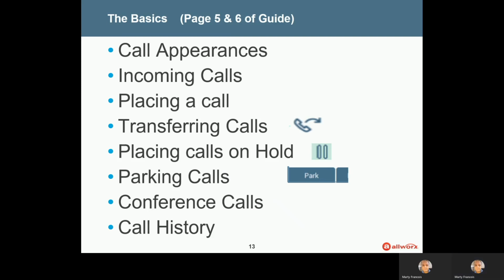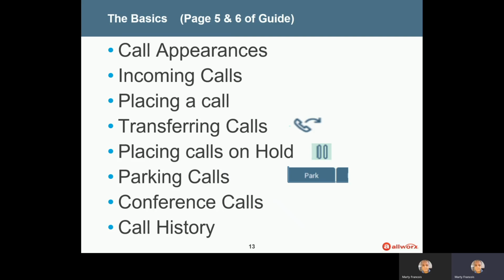Another interesting thing is if you're on one call and you get another call, and you press that second ringing call appearance, it will automatically place the first one on hold. It's a feature that Allworx has. It's called auto on hold. So if you're talking on one call appearance and another one rings and you go and answer it, it will automatically hold the first caller.